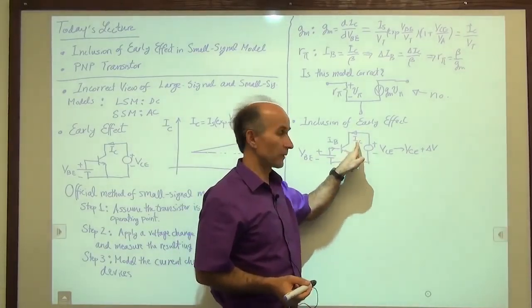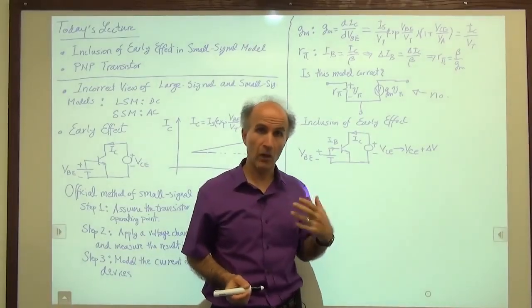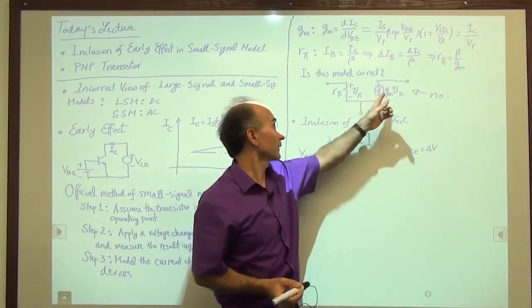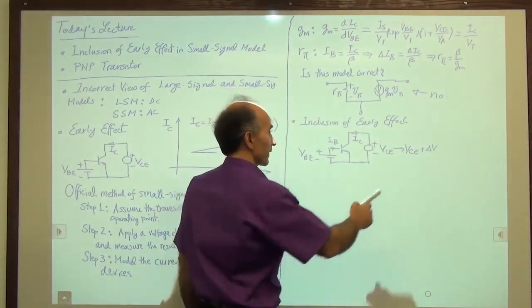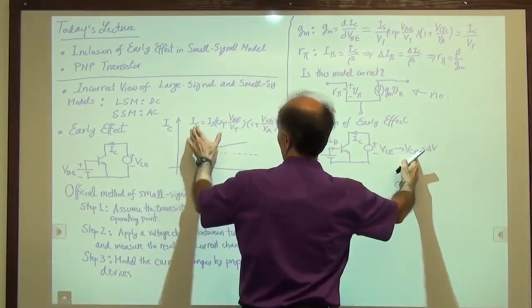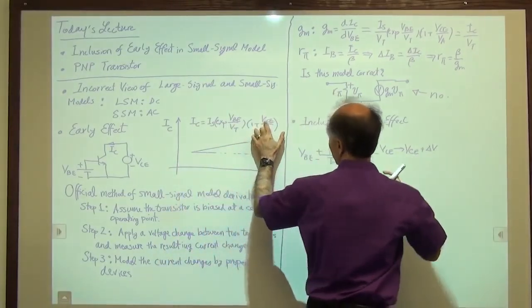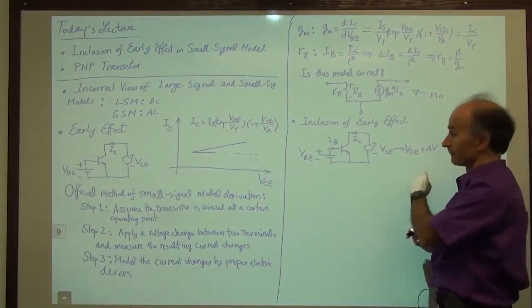The question is, what happens to the collector current? It probably changes, so if it changes, that has to be modeled somehow, not like this. Okay, well, it shouldn't be that hard to find the change in the collector current if we have this. Then we just go back here and assume that VCE is now equal to VCE plus delta V.